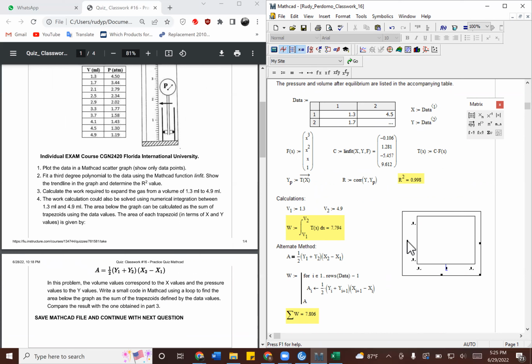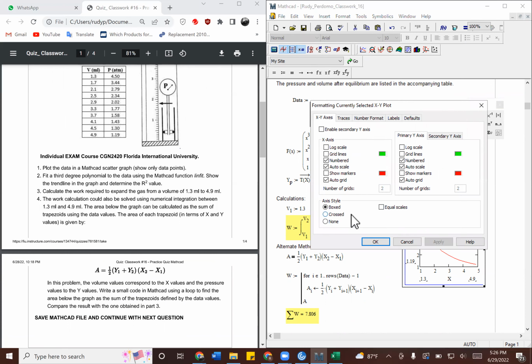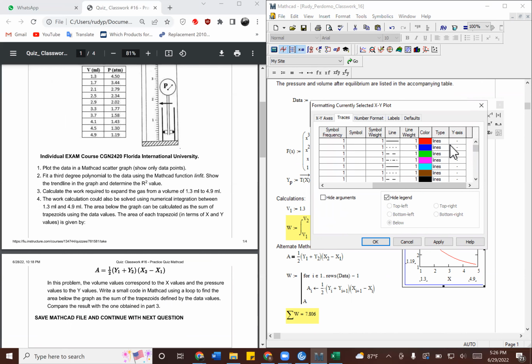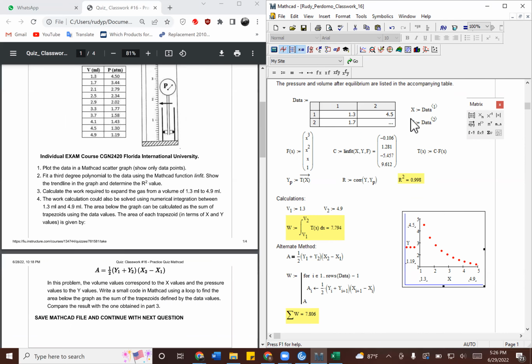You create a scatter plot here: capital Y, capital X, and by default it gives us a line. Here we could cross it. That doesn't really matter. Turn this trace, the line's red. The very first line that you draw is going to be red, and you set it to point, and set the weight to 2 or 3 or whatever you want, and it gives us dots here. Okay, perfect. So that's number 1. It says plot the data, show only data points. That's what we did. Change the line to points.